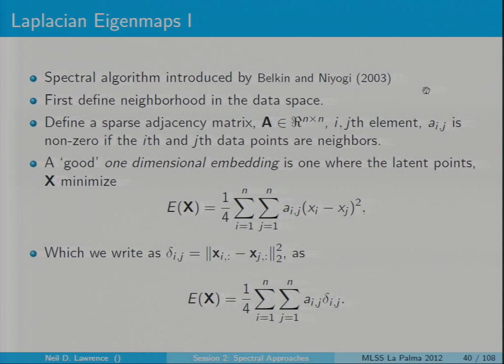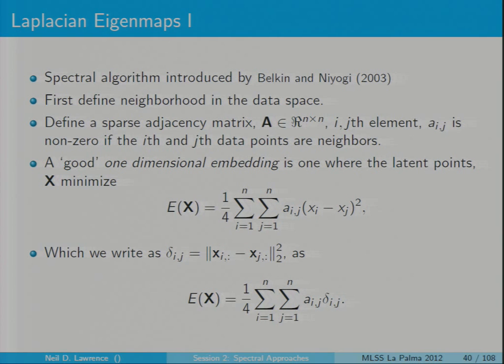So Laplacian eigenmaps was a spectral algorithm, and by spectral we mean that they're going to compute the eigen decomposition at some point of something, introduced by Misha Belkin and Partha Niyogi, where you define the same neighborhood in the data space, and then you define the adjacency matrix, where the adjacency element is only non-zero if i and j are neighbors.